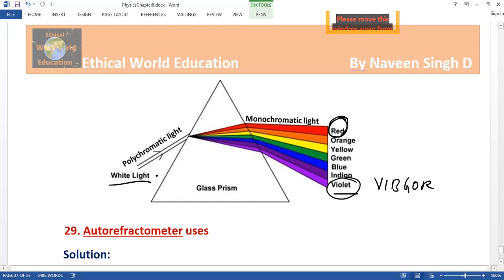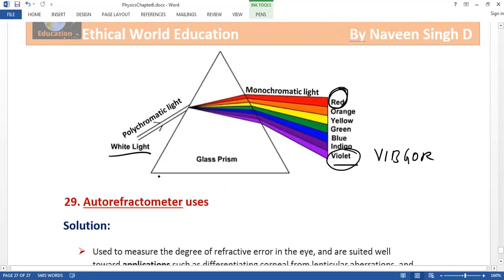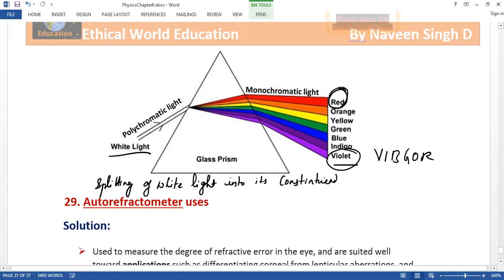Once again, the definition of dispersion: splitting of white light into its constituent colors is called dispersion.